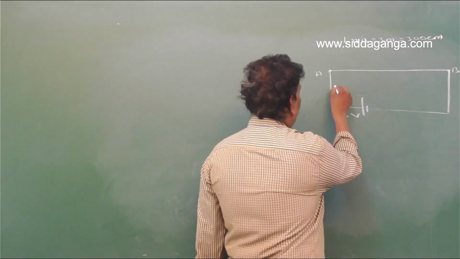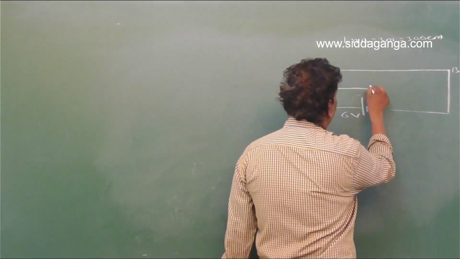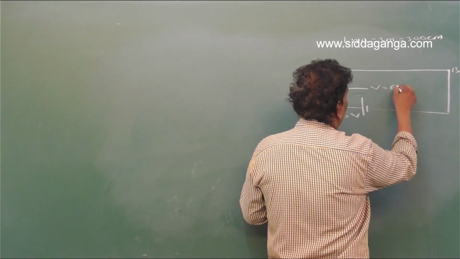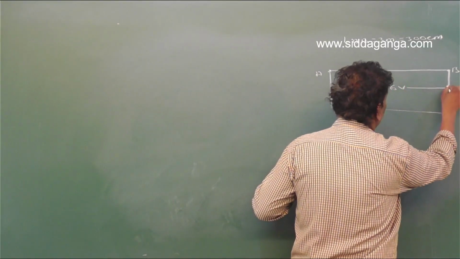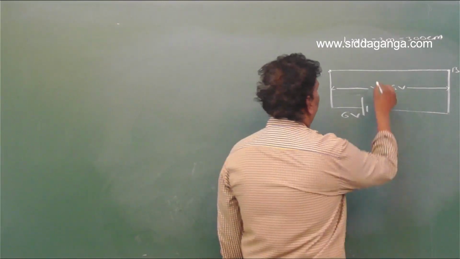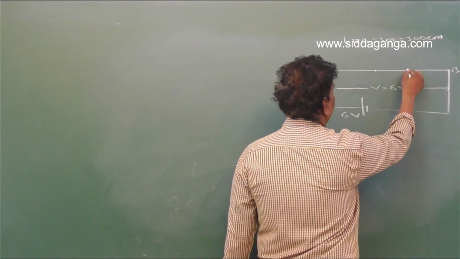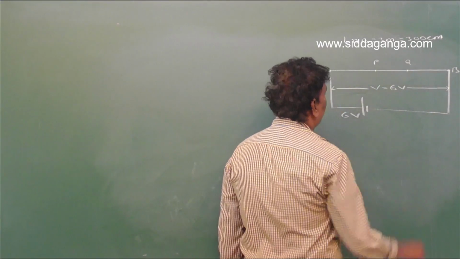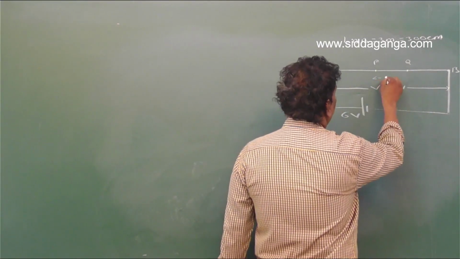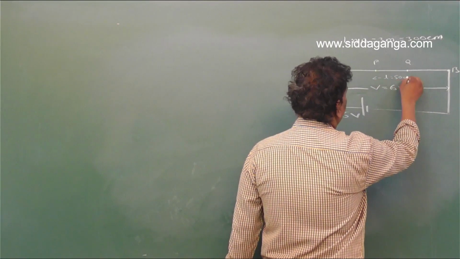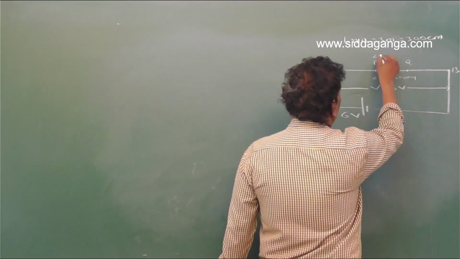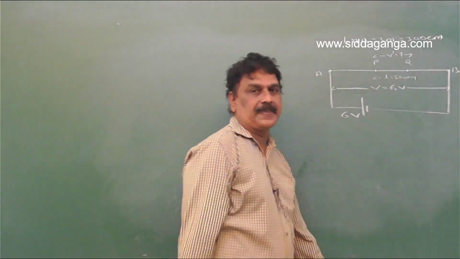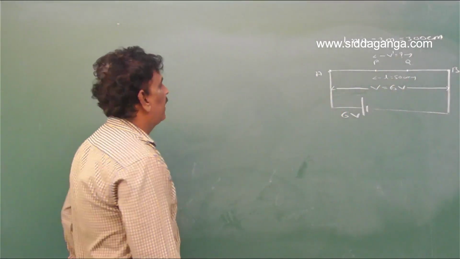Now the potential difference across AB, that V, is obviously equal to 6 volt. Now we have 2 points, say P, Q, having the length l equal to 50 centimeter. Now the potential difference between these 2 points, V dash, is equal to what? We need to find it.